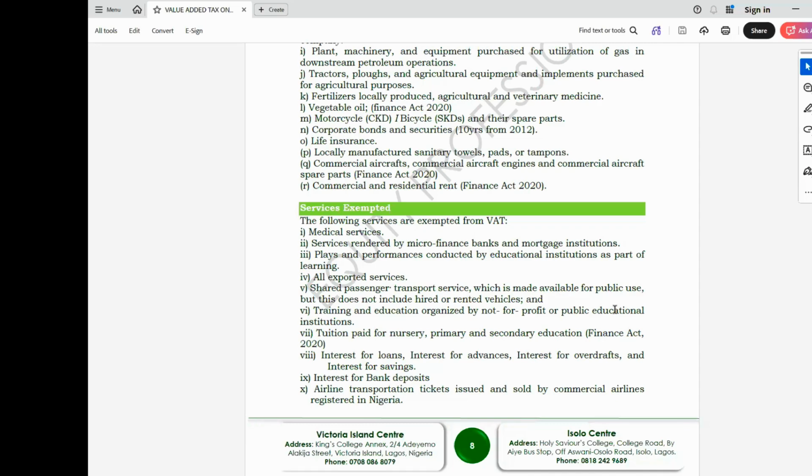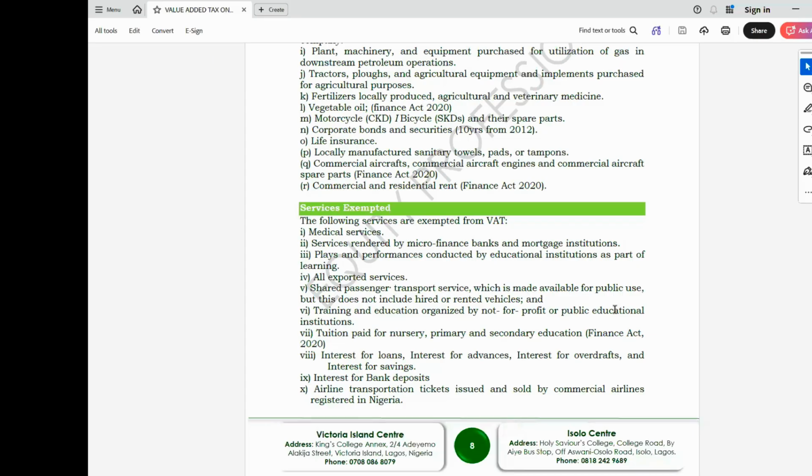Then we have tuition paid for nursery, primary and secondary education, whether in private or public schools, which is exempted from value added tax.